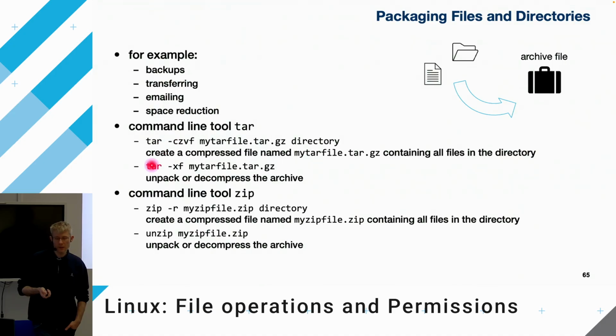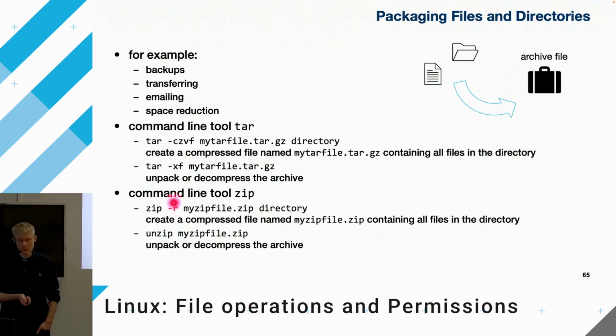And then you can use tar -xf to decompress this file again. For example, you could then download this file and send it to another person. Or you can also use zip if it's more convenient for you. So zip -r and then the file name and then the directory would recursively go through the directory and put the content into the zip file.